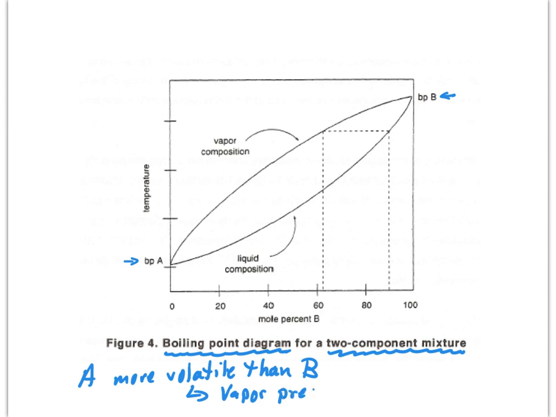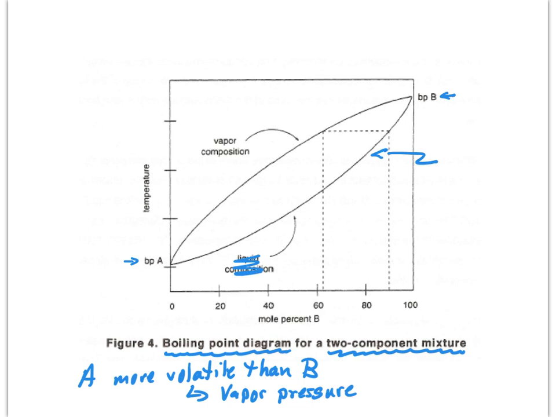Volatile to a chemist means that it has a vapor pressure. So at any temperature, A has a higher vapor pressure than B, and A has a lower boiling point than B. So A will reach the temperature at which it will boil earlier than B will reach the temperature that it will boil.